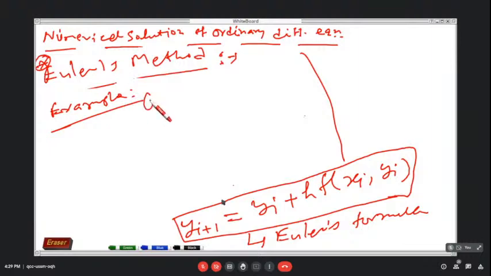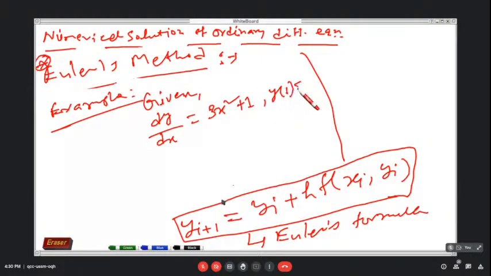Let's say given dy/dx is equal to 3x squared plus 1, and y(1) is given equal to 2. So this is the initial value, or initial condition, which is given.